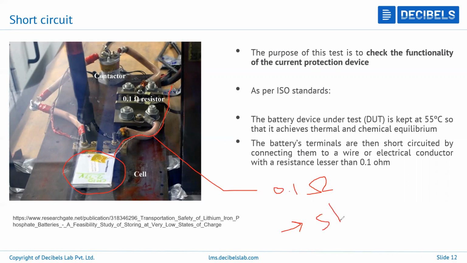That means, is there any shorting happening at the battery terminals? Short circuiting basically means a very huge surge in current, especially at the terminals of the battery. That is the first thing that is analyzed. And the second thing is, does the battery catch fire or does it ignite?